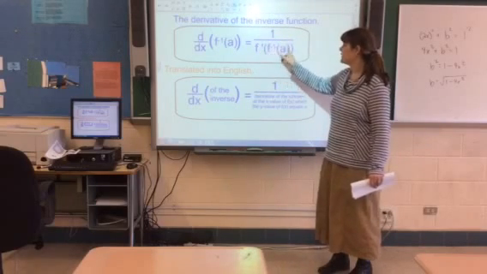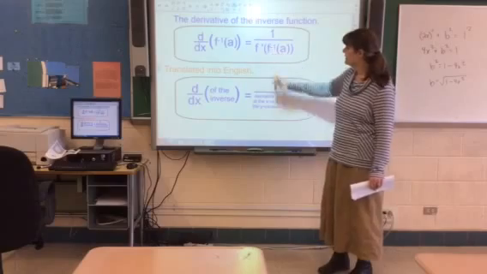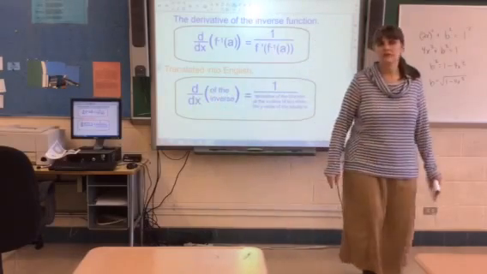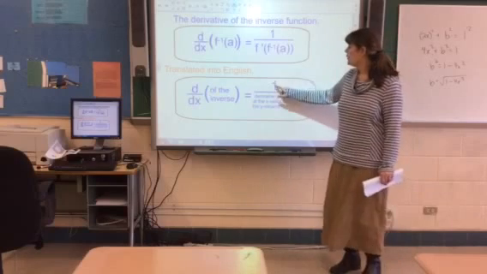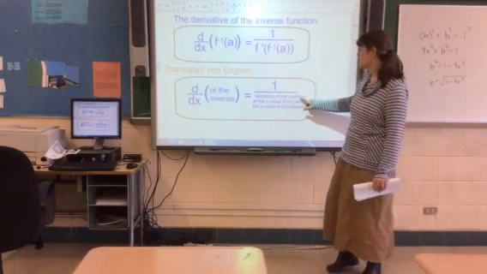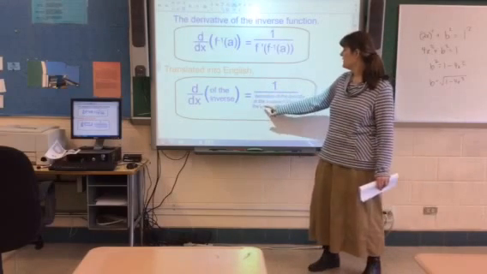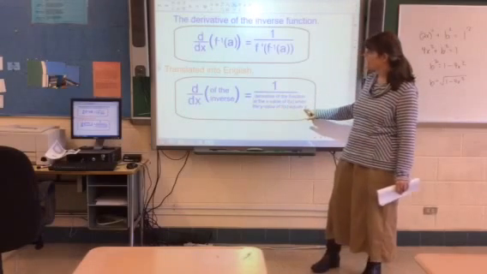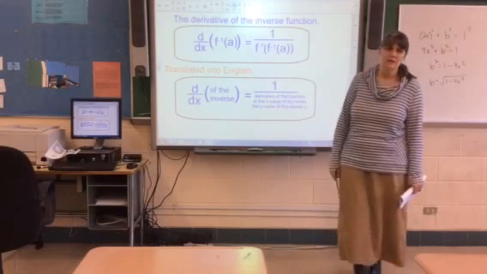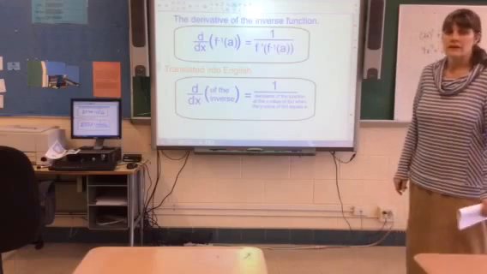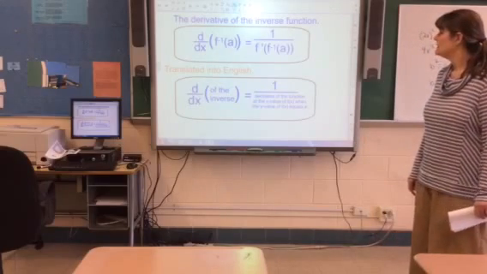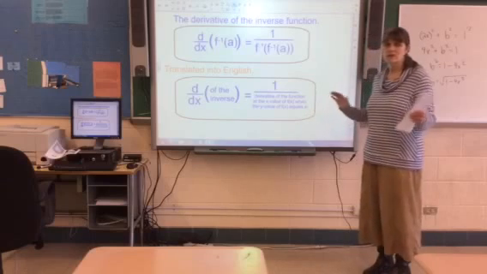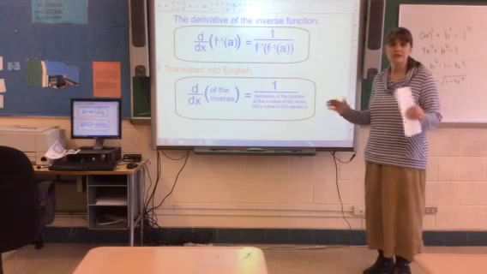Now this piece we're going to explain in a minute, but if we want to put it in words, the derivative of the inverse is 1 over the derivative of the function at the x value when the y value is a. I can let you think about that for a minute, and we'll talk about how the domain and ranges of inverses are connected.